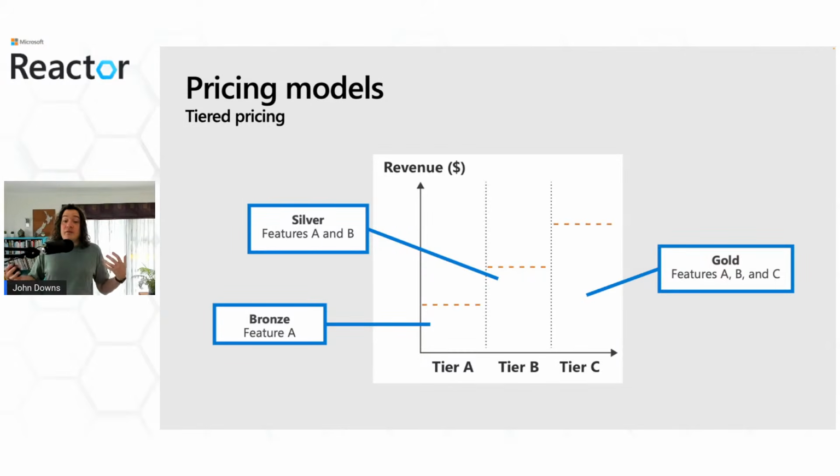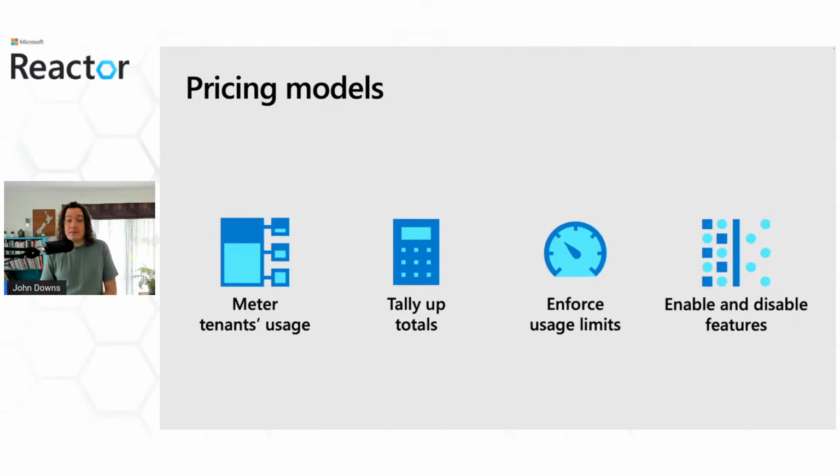And how will you enable features depending on the tier that the customer is at? Can you use things like deployment stamps? And if so, how? And if you need to give your gold tier customers some sort of performance or isolation guarantees, then maybe you need to deploy dedicated infrastructure for those tenants by using some of the isolation models we spoke about earlier.